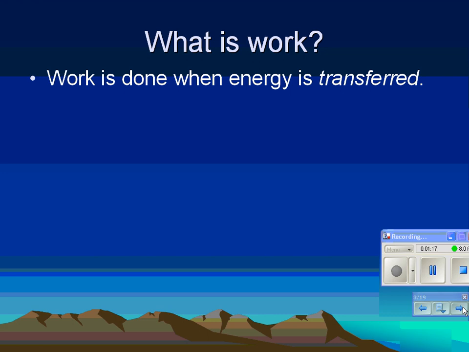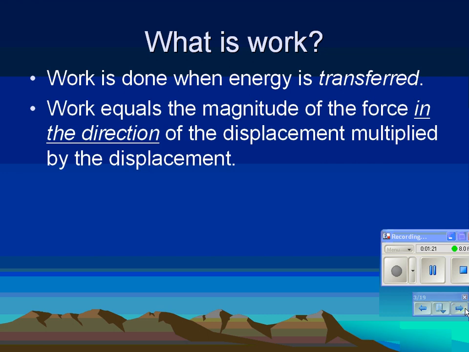It turns out that in order to do work in the physical sense, you must exert a force in the direction of motion. You must exert a force through a displacement in order to have work be done. So I can sit here and push against this wall forever, and if that wall does not move, I have done no work.